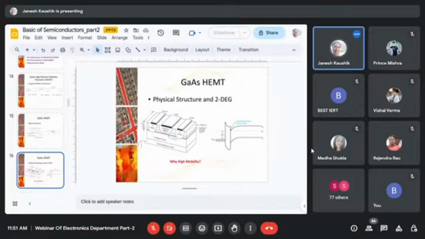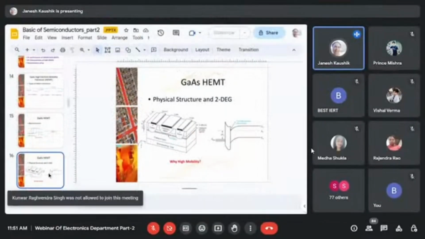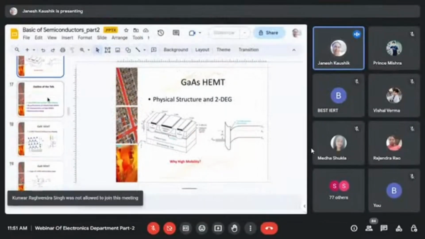That's why they are separated, and we have to keep finite source-gate and gate-drain spacings, so we get parasitic resistance and capacitance values that affect the performance of this transistor. And this is how gallium arsenide HEMT is formed.